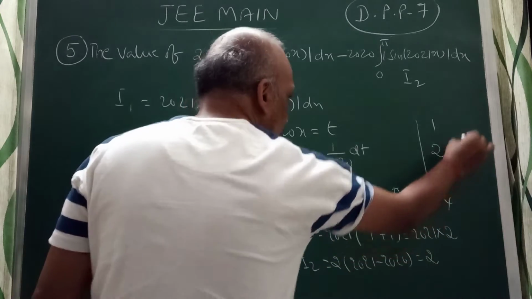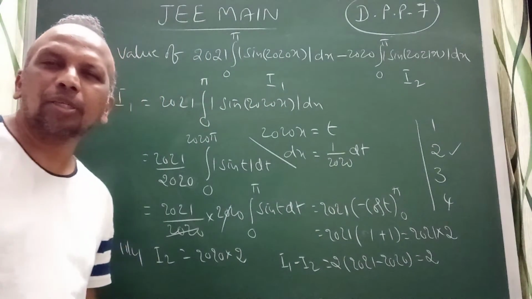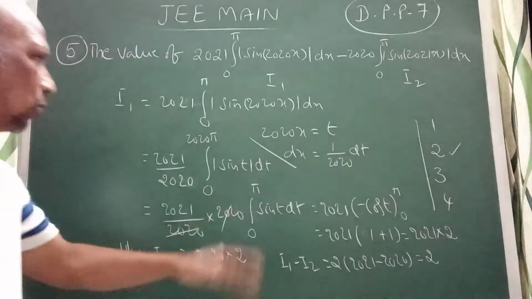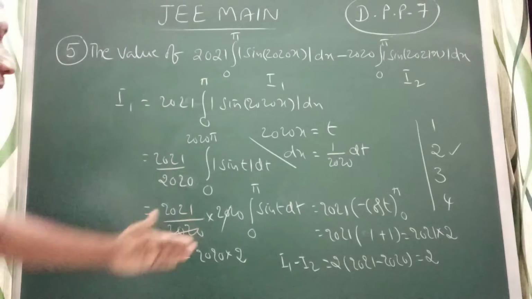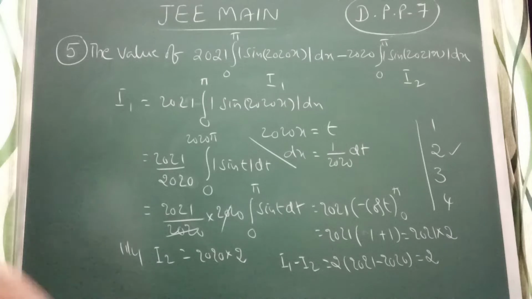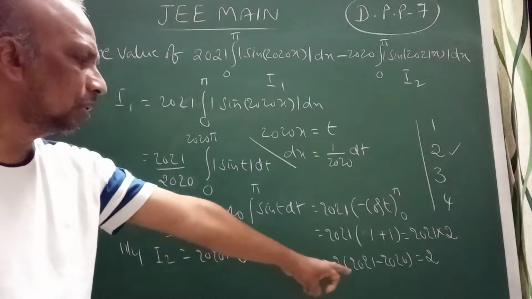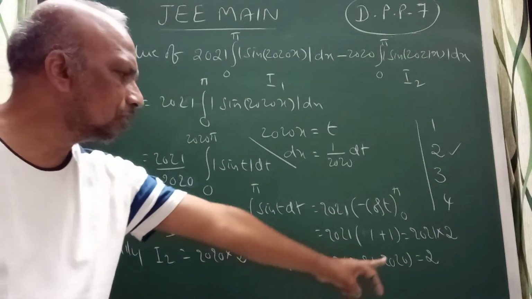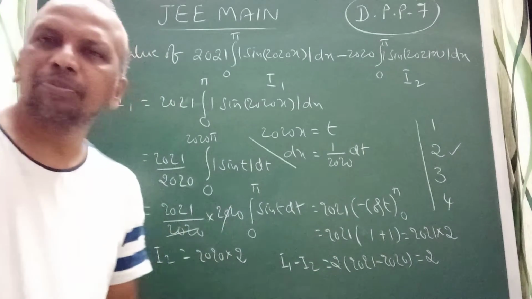Your answer is 2. It is a simple problem. I1 and similarly I2 is 2020 into 2, so the difference will be only 2.